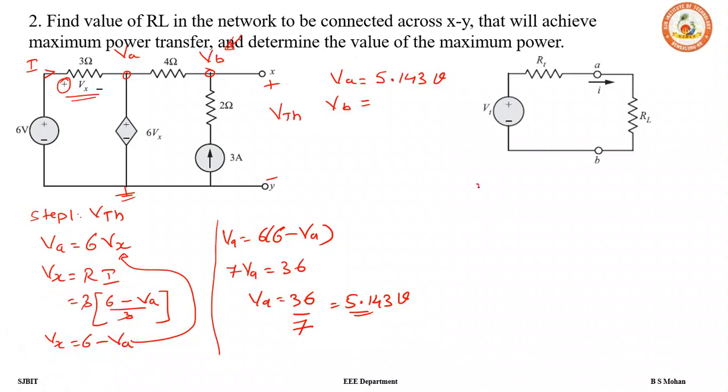So let us apply KCL or nodal analysis at VB. We know current entering is equal to current leaving. The entering current is 3 amp and the leaving current is only VB minus VA whole divided by 4.